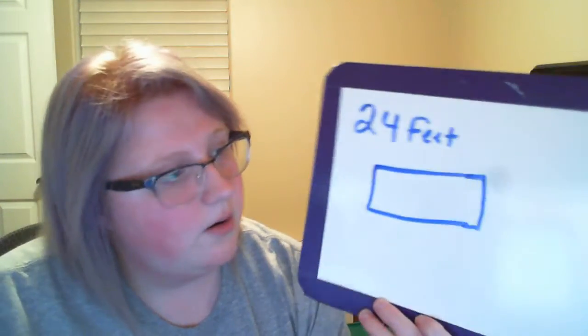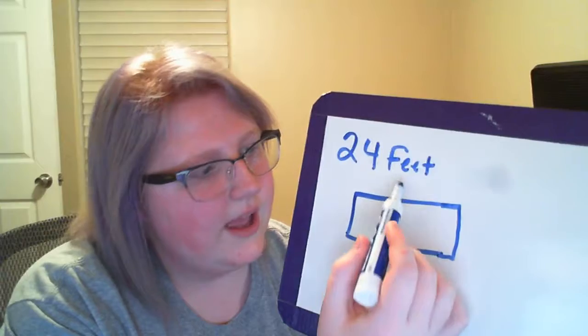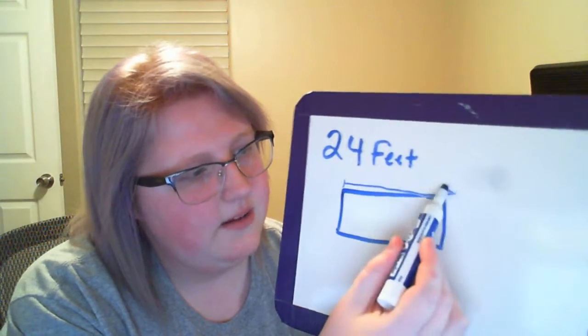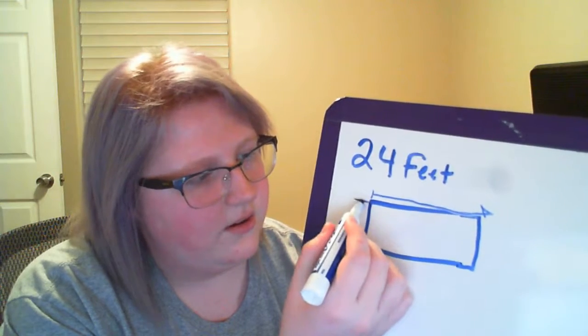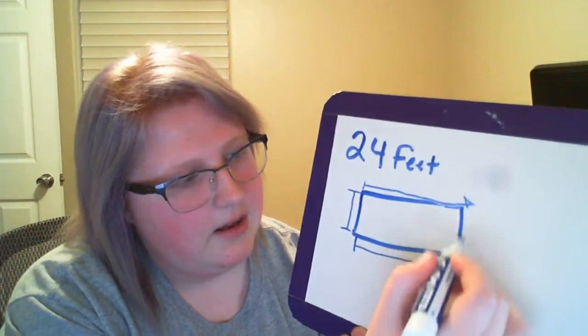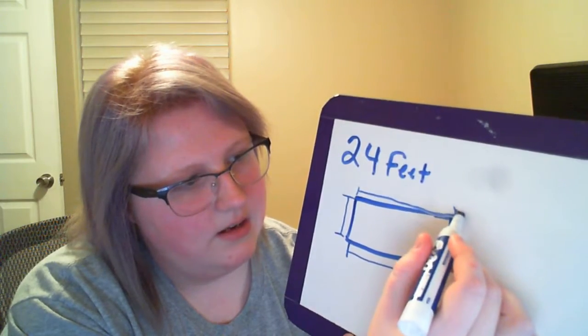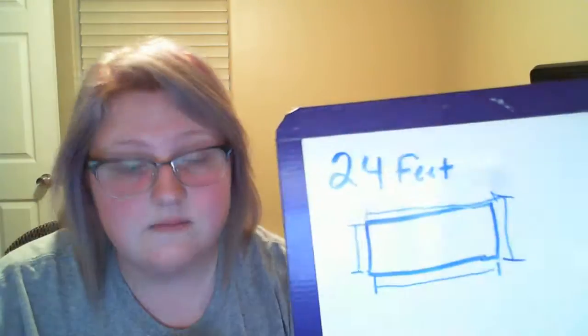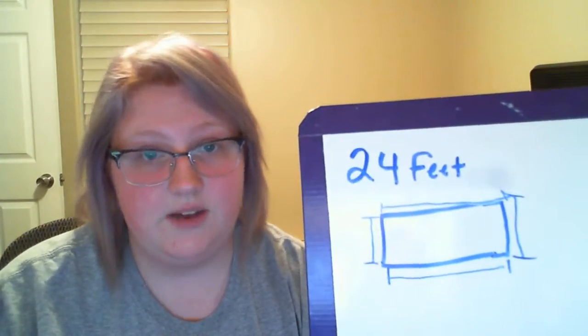Okay? Now, I want to know how long could this side be? How long could this side be? This side and this side if they have 24 feet of fence. Now, they don't have to use all 24 feet, okay?